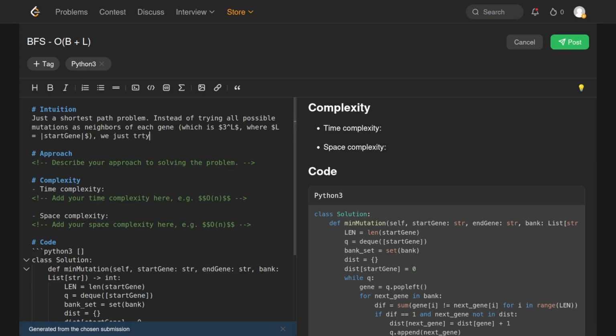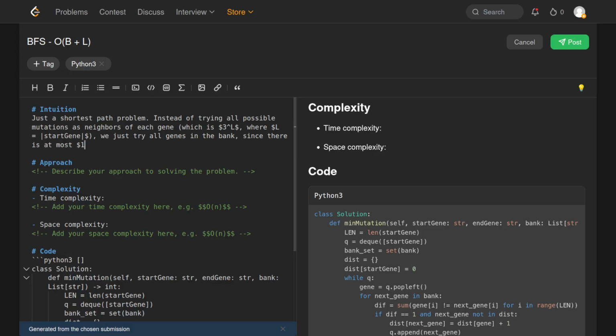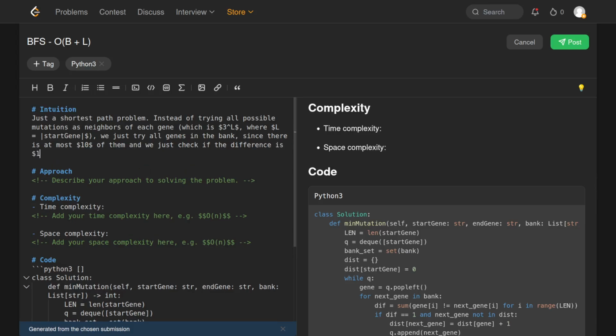we just try all genes in the bank, since there are at most 10 of them, and we just check if the difference is 1.